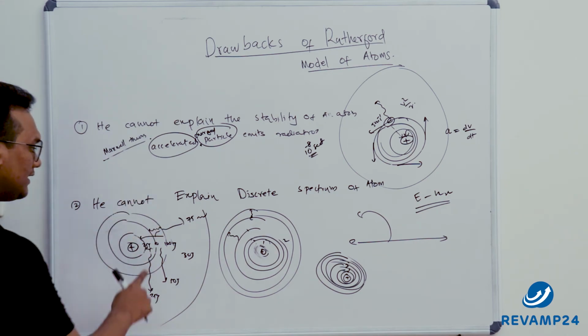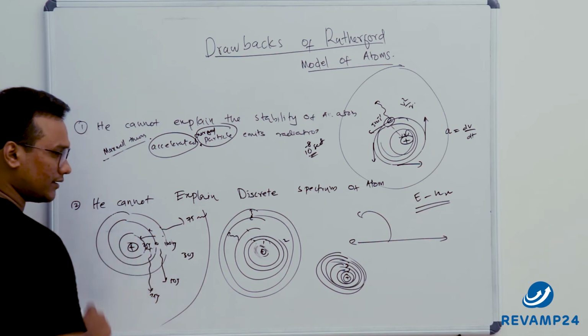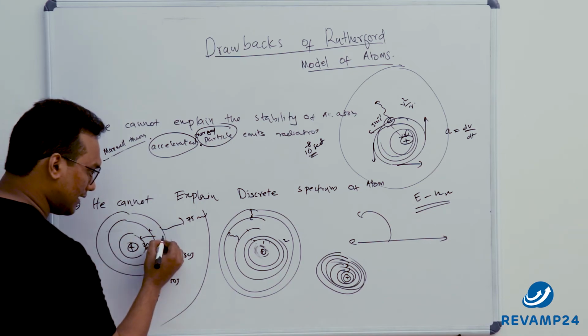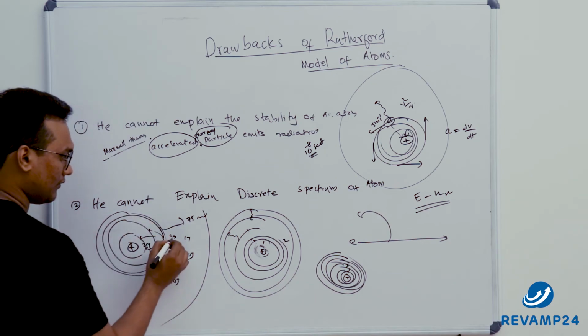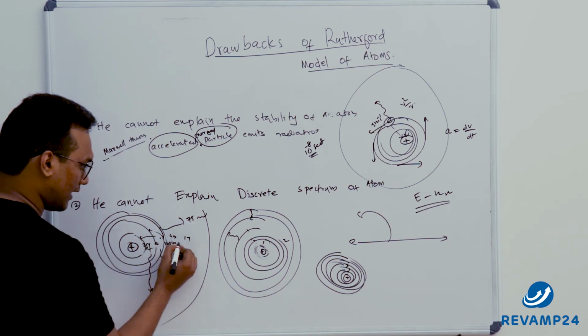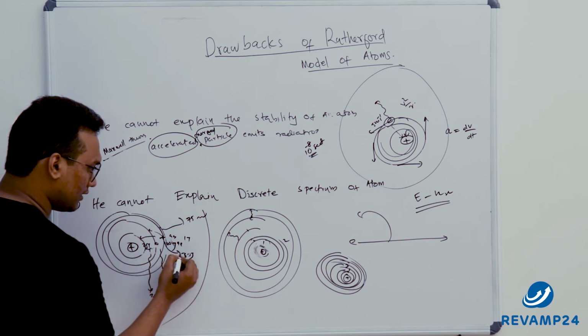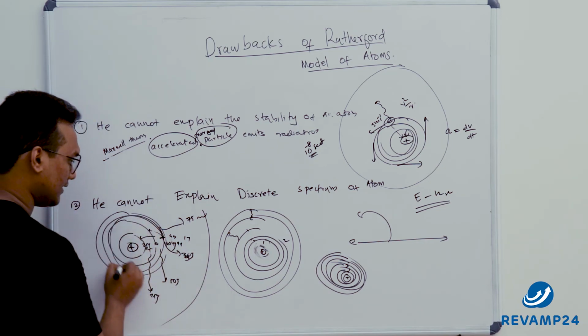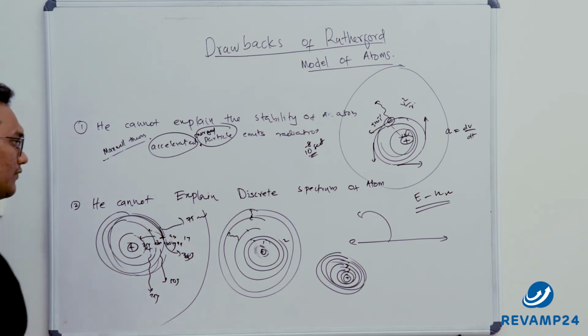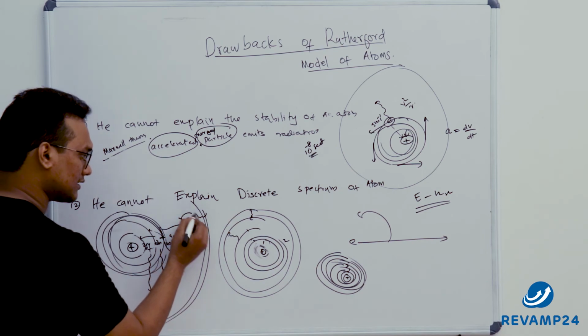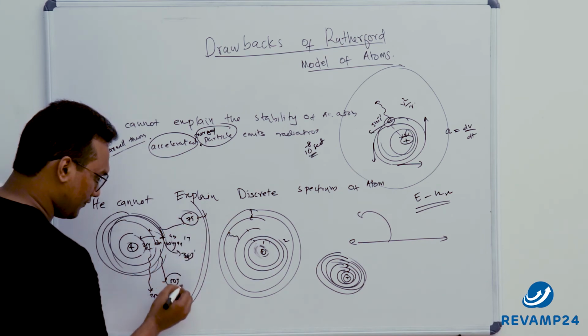According to Rutherford, from 100 joule it can go to 99 joule by emitting 1 joule of energy. Then from 100 joule it can go to 98 by emitting 2 joule of energy, 97 by 3 joule of energy. But with experiment, what we have seen in this example is that only 3 radiations are possible: 75, 50 and 25.